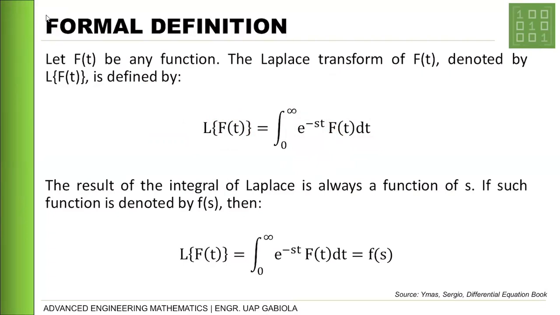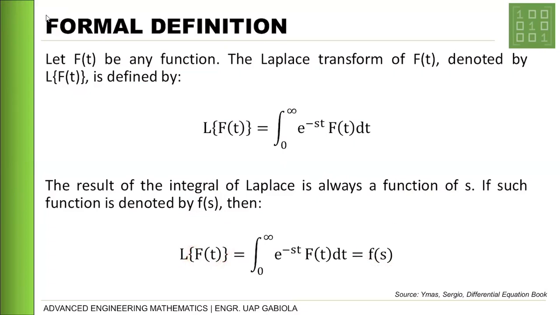As we have already defined, we are converting our time domain into another variable s, which we consider an algebraic function. So, from t, we will make it s. If such a function is denoted by F of s, then when we are asked for the Laplace of a given function in terms of t, our answer should be a function in terms of s. Okay?